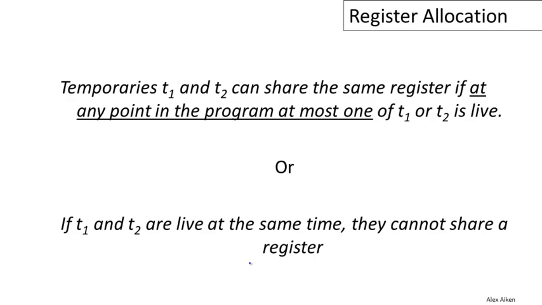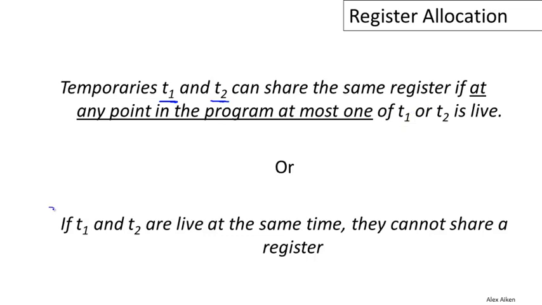And here's the basic principle that underlies the modern register allocation algorithms. If I have two temporaries, T1 and T2, I want to know when they can share a register. They're allowed to be in the same register if they are not live at the same time. So if at any point in the program, at most one of T1 or T2 is live, they can share.